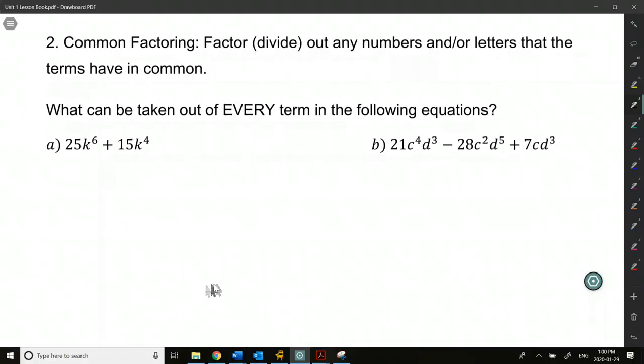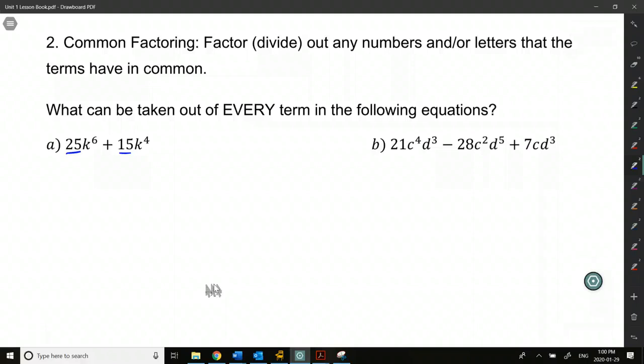Common factoring. Okay, so what we want to find here is something common that we can divide out of every term. So every coefficient, and the largest that we can take out of a variable is the lowest exponent on that variable in all terms. So let's first take a look at 25 and 15.